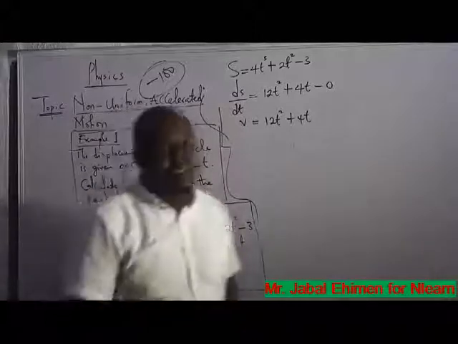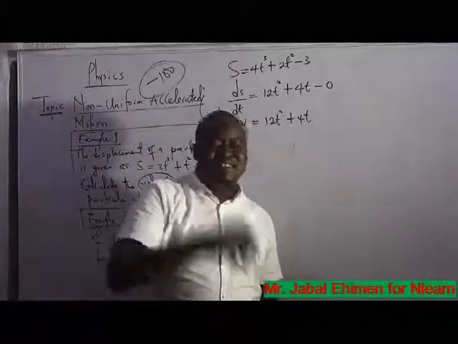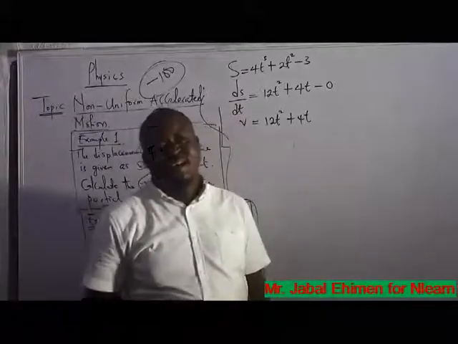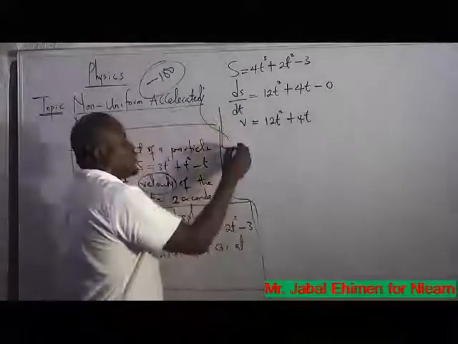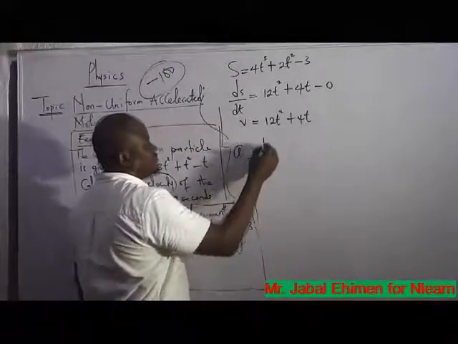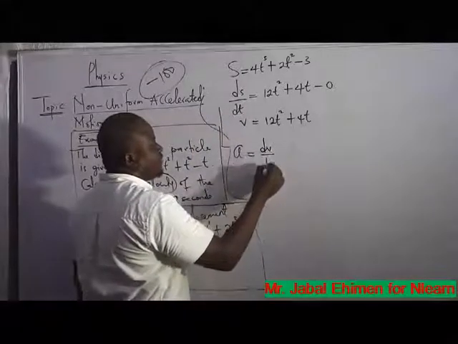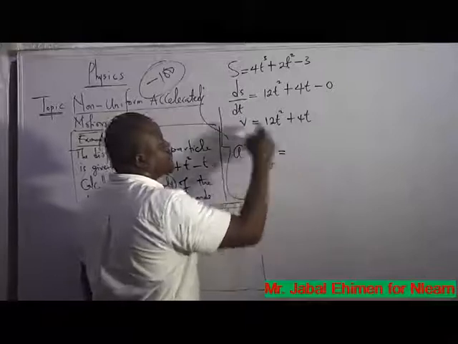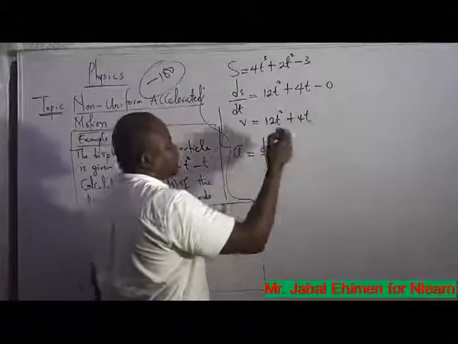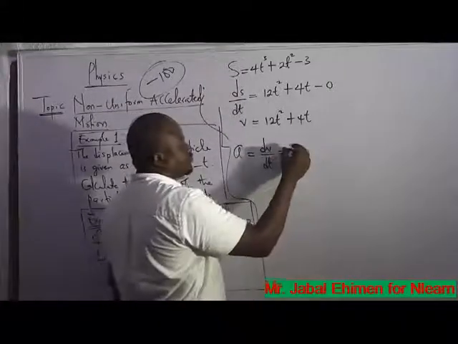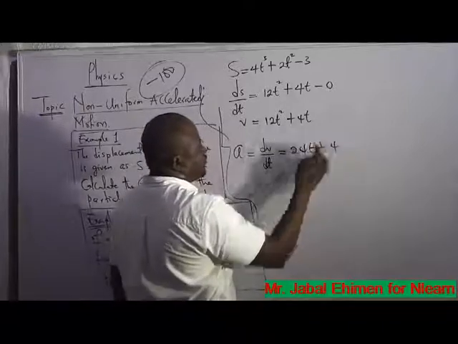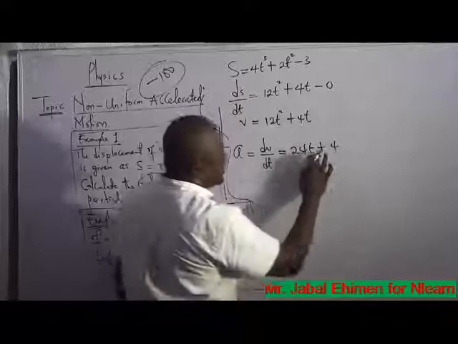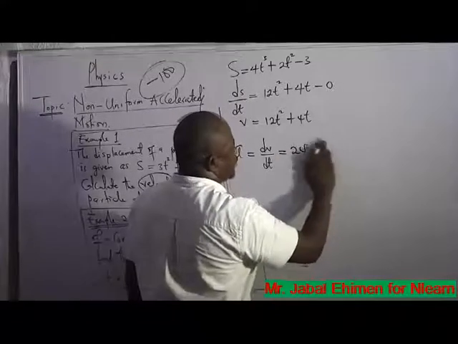Acceleration is dv over dt. Velocity divided by time will give you acceleration. So acceleration now is dv over dt. So what is dv over dt? Differentiating this, what do you get? You get 2 times 12, that's 24t, plus 4. The derivative of 4t gives us 4.